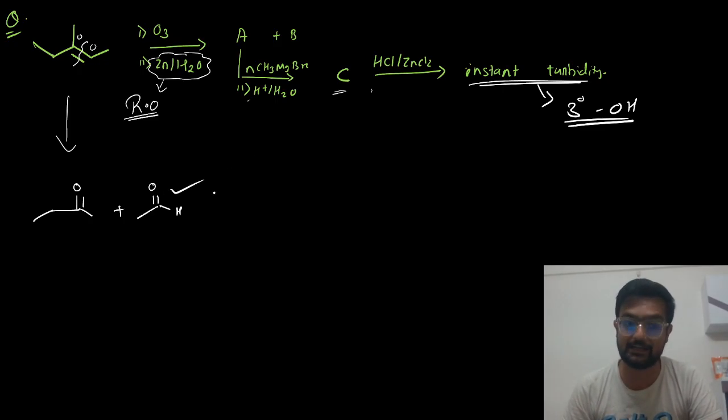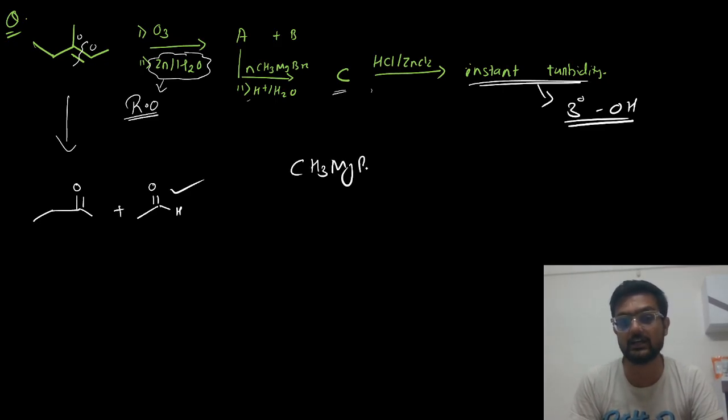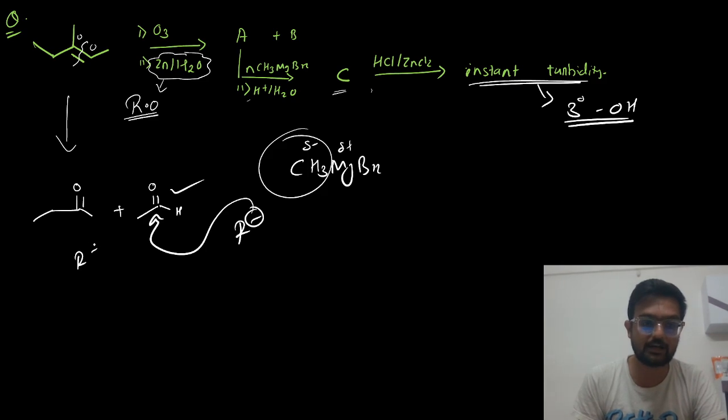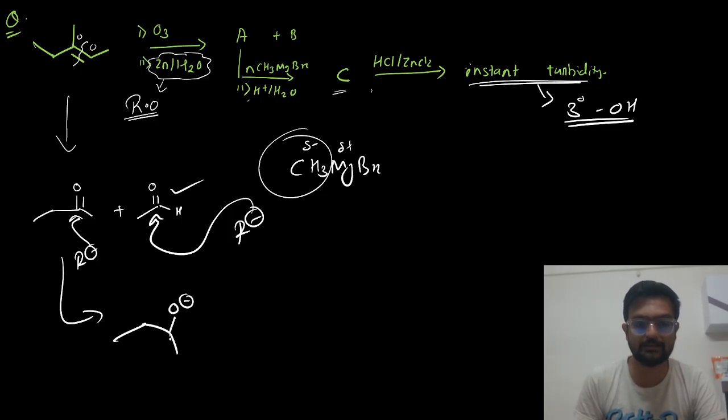So if it is 3 degree alcohol, in which case is tertiary alcohol possible? Look, if I do the reaction with this aldehyde, CH3MgBr, I hope you know what Grignard reagent does. We have learned CH3MgBr gives CH3 minus and MgBr plus, so R minus will attack from here, and in this one also R minus will attack here. Let's say if it attacks here, you will be getting O minus, and here the CH3 group.